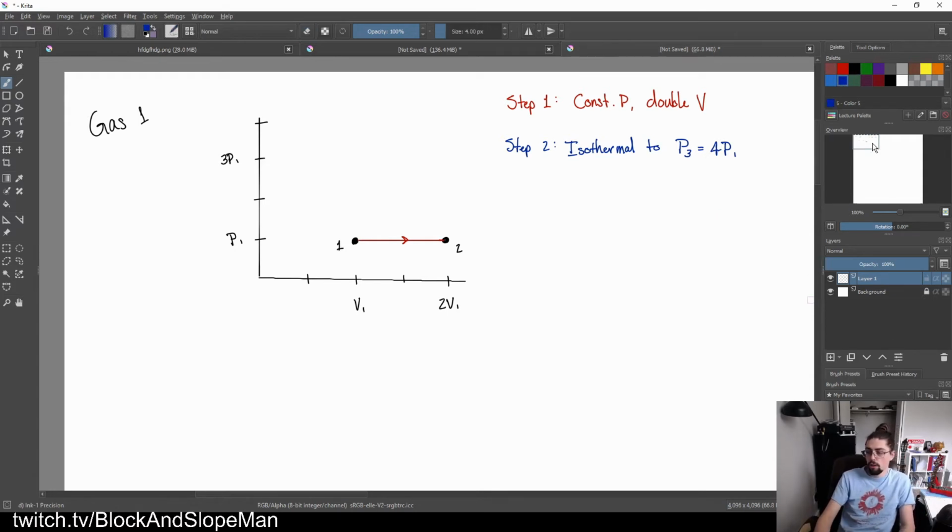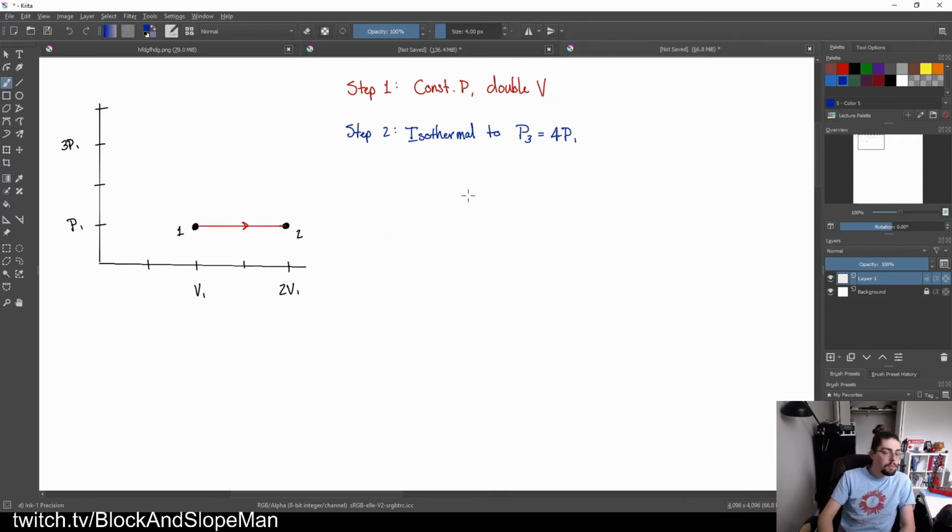I'm going to start by, we know it's an isothermal transition. So P2 V2 is equal to P3 V3. Then what I can do is start plugging in common variables, right? I said I wanted to put all of this stuff in terms of P1. So P2 is still equal to P1.